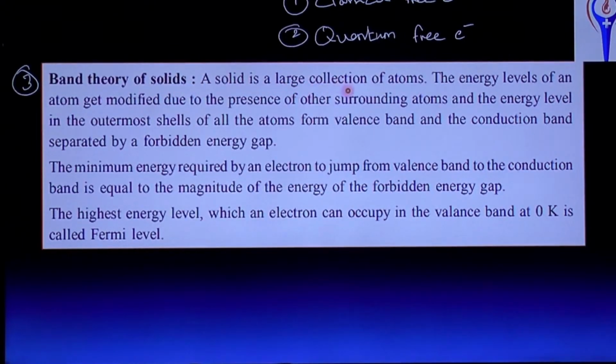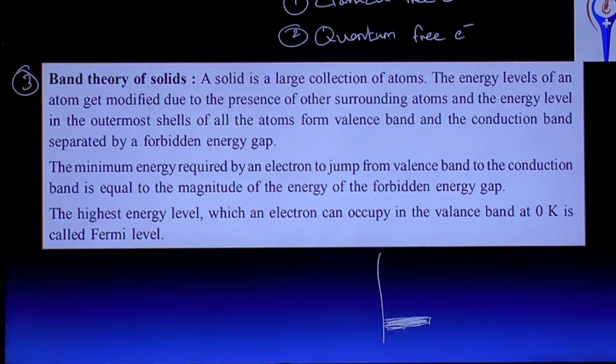A solid is a large collection of atoms. The energy levels of an atom get modified due to the presence of other surrounding atoms, and the energy levels in the outermost shells of all the atoms form the valence band and the conduction band, separated by a forbidden energy gap. That is, the energy levels of electrons of neighboring atoms all overlap and form one region called an energy band.